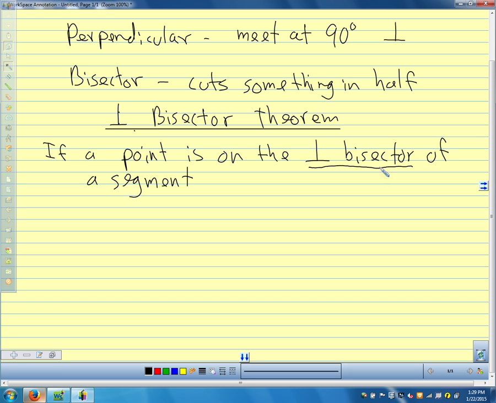So this point is on the perpendicular bisector, then it is equidistant. Equidistant. What do we mean? What does equa mean? Equal distance, same distance apart. Then it is equidistant from the endpoints of the segment.